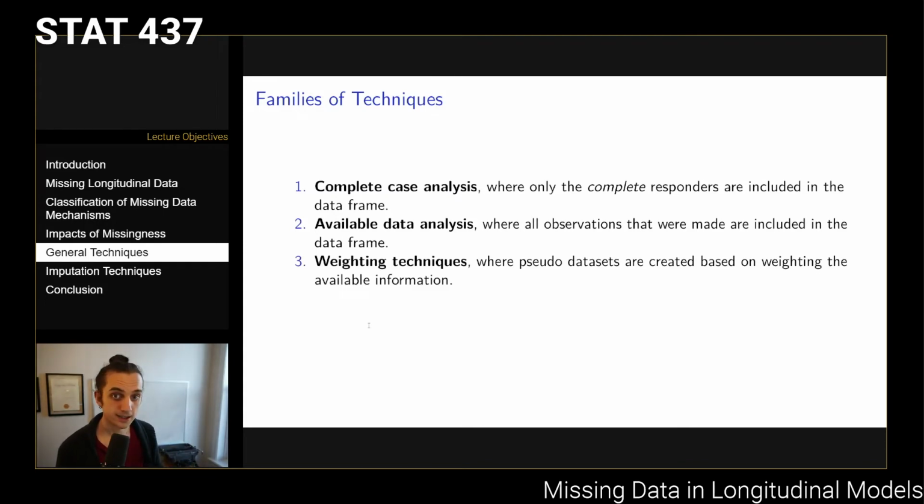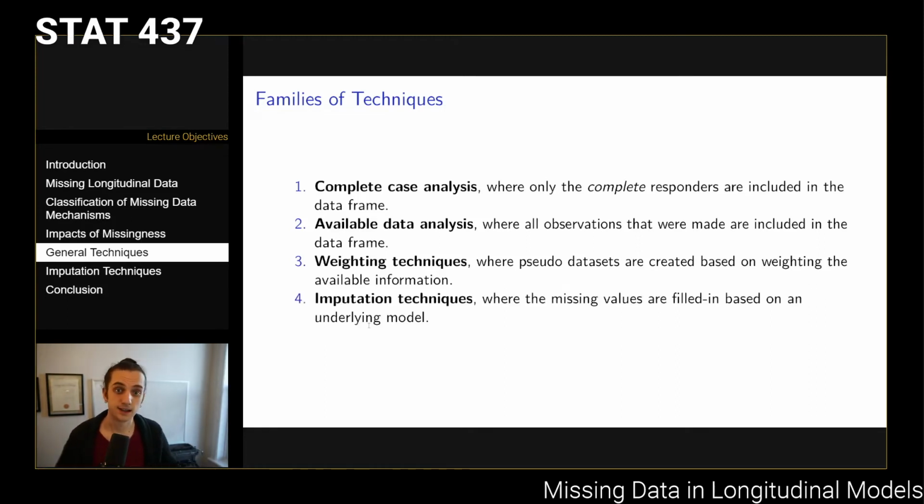So we have weighting techniques, and the idea is that we're going to be generating pseudo data sets where we weight each individual that we did observe to account for people who are like that person, but who we did not observe. Okay, so we're going to talk about these in a little bit more depth, but weighting techniques are one broad class for addressing missingness. And the last class of techniques that we'll talk about in detail is imputation techniques. And imputation techniques rely on actually filling in values for the missing data, right?